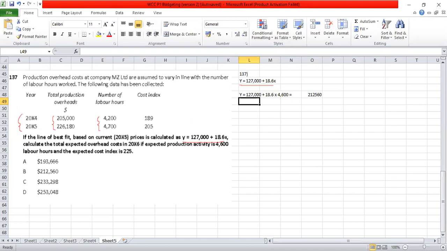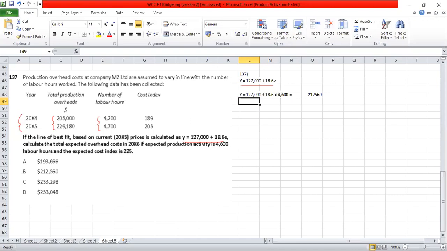Now the cost index says in 20x4, the index value stands at 189. Then when it has come to 20x5, the index is now 205. Now for the year 20x6, the index number has increased to 225.